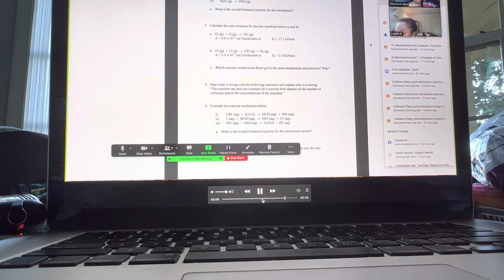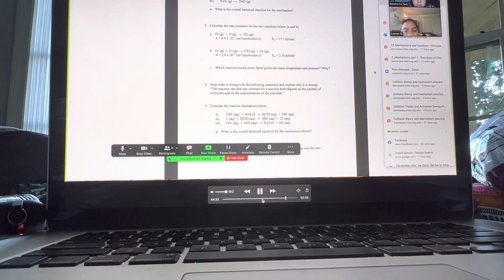Right, unless she's assuming that it's room temperature. What number would room temperature be? That's 25 degrees Celsius or 298 Kelvin. Okay. But there has to be a temperature for you to be able to do this. I can also email her just in case about it, with what she needs.